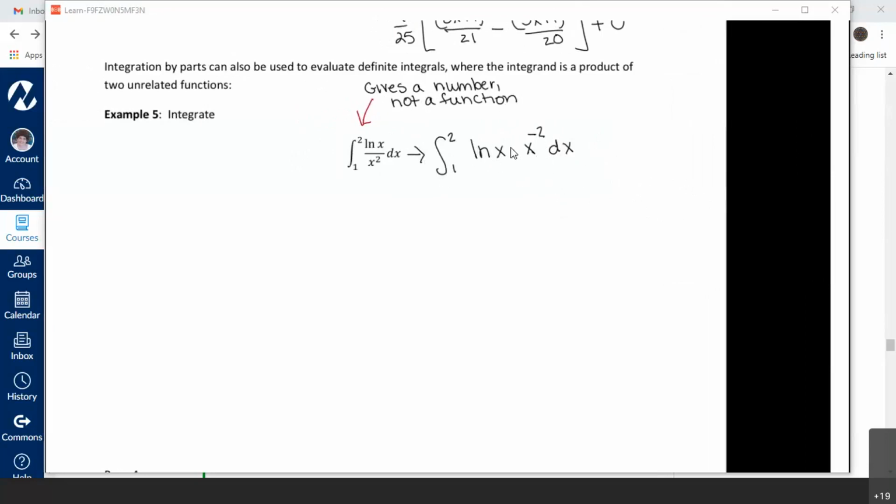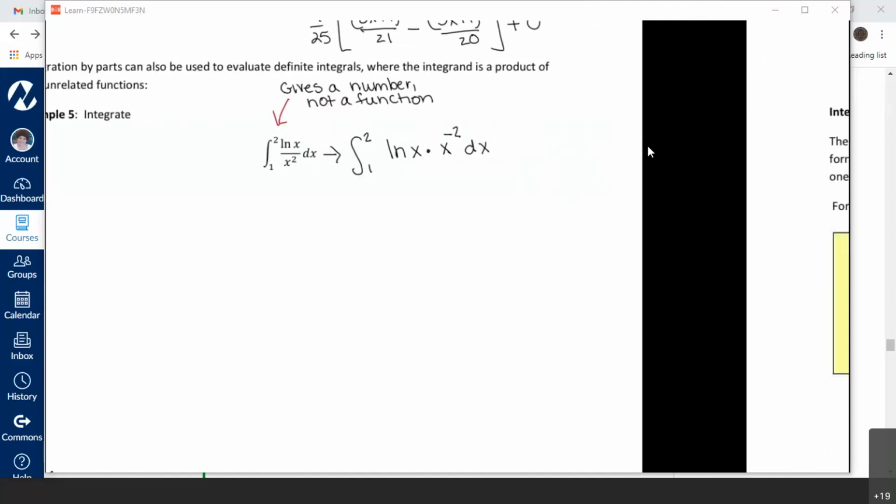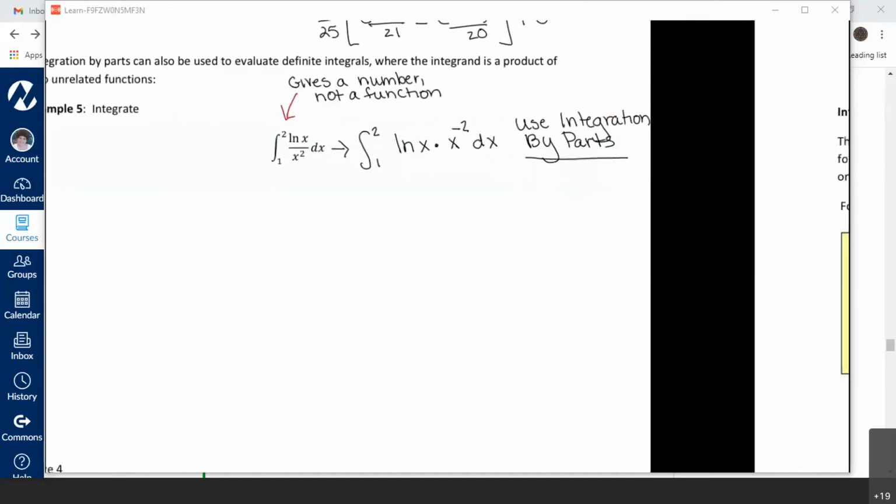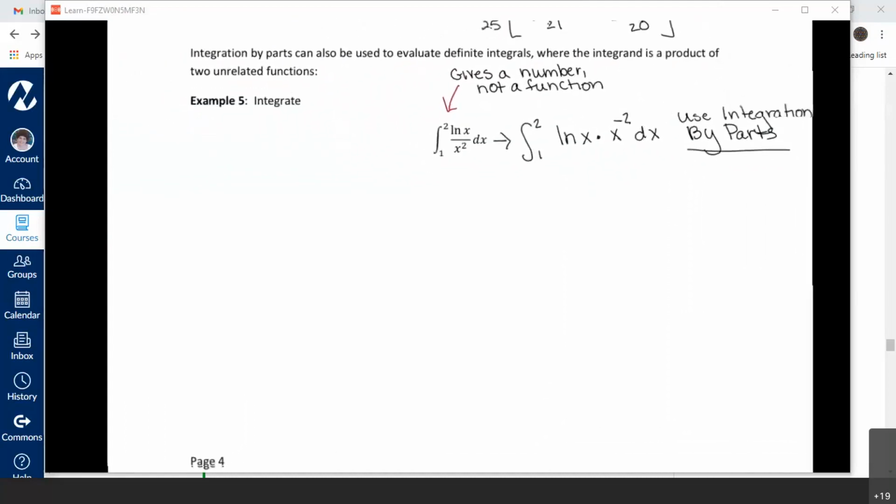Now, if you look at this, x to the minus 2 is not part of the derivative of ln of x, and ln of x is not part of the derivative of x to the minus 2. So I'm stuck with using by parts. I'm seeing a product of unrelated functions. And again, what family of functions do we have?